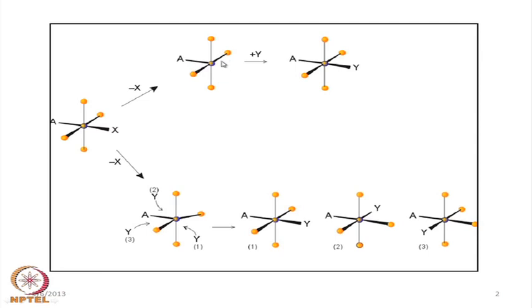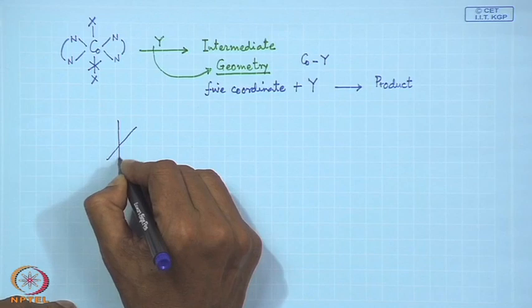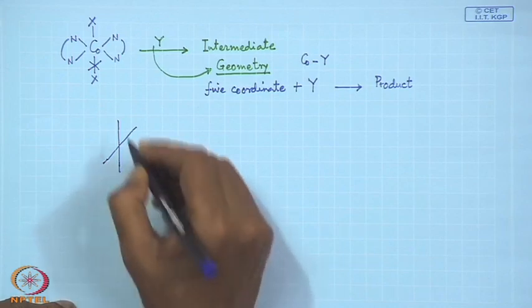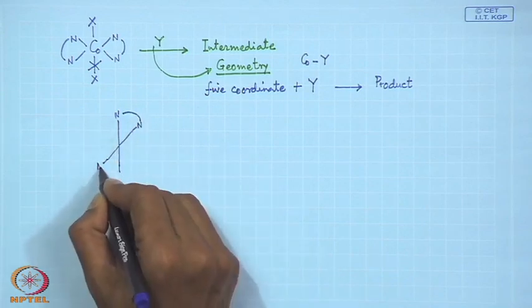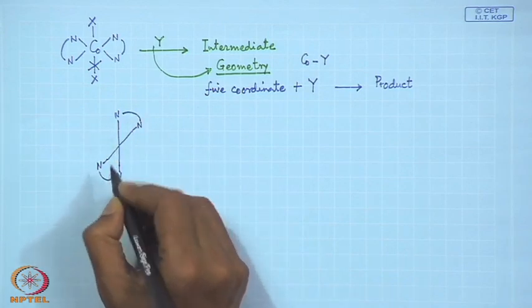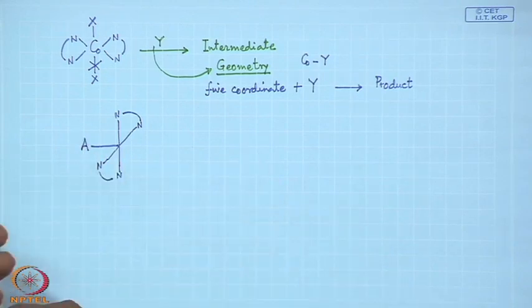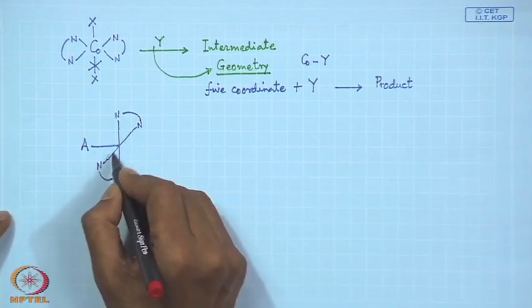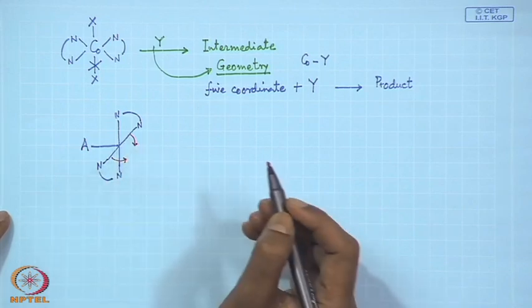But when it is not happening, that means this particular square plane, the cobalt N4 plane, has some extra stabilization. Here we have these two nitrogens forming one such chelation, and this one is our A. That is why these two bonds are not moving from this side to that side.